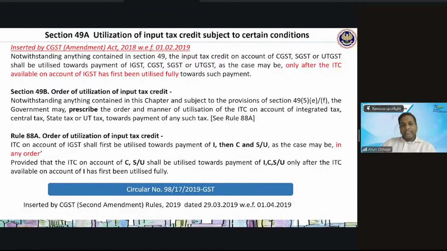Next point, 49B can prescribe the order and manner of utilization of ITC of IGST, and utilization of ITC of CGST and SGST. Read the rule 88A, which is being prescribed in the 49B.